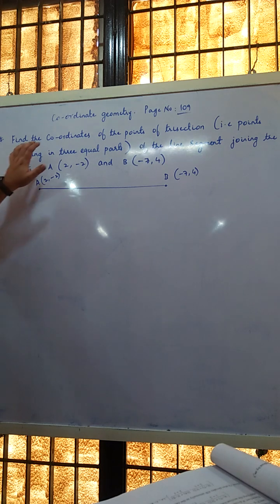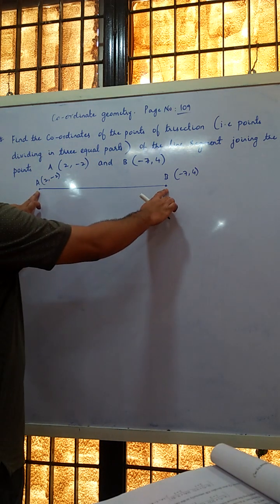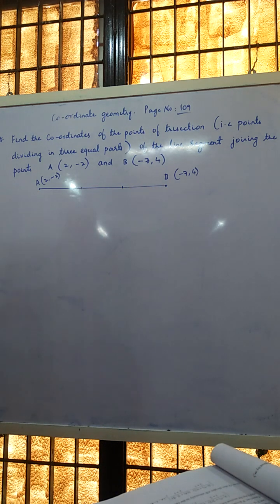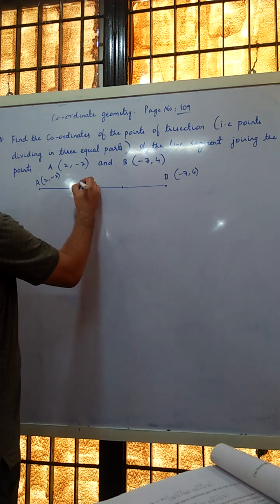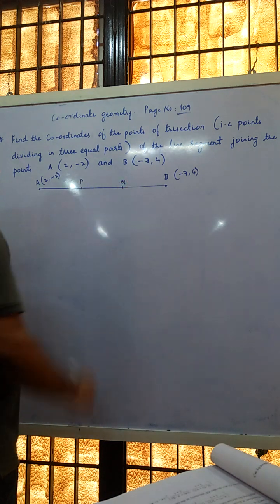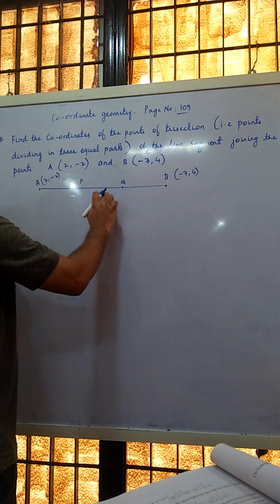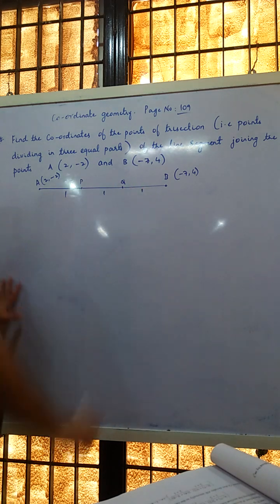So I read the question again. Find the coordinates of the points of trisection. Trisection means the line segment AB is divided into 3 equal parts. So I take this point as P and this point as Q. AB is divided into 1, 2, 3 equal parts.